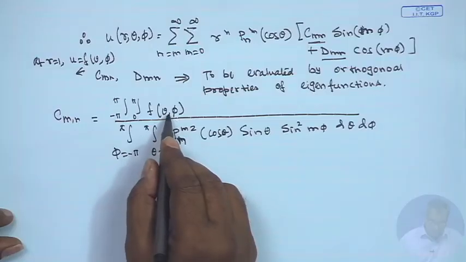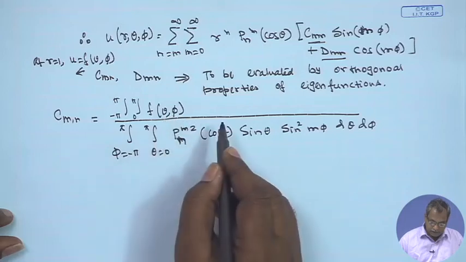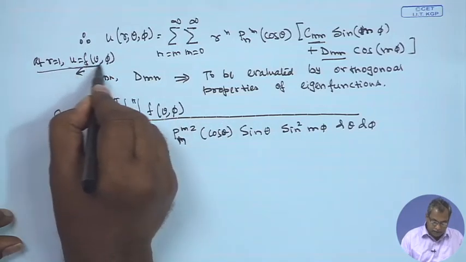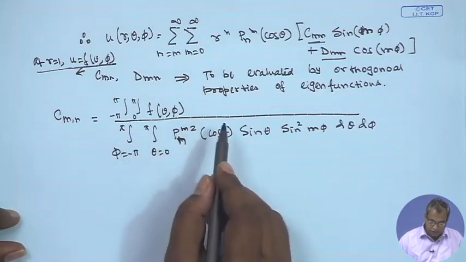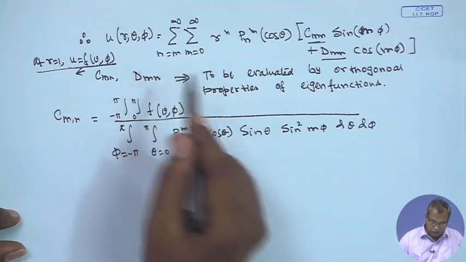In general it will be a function of theta and phi, or it may be a function of theta alone, or of phi alone, or it may be a constant. So let us put it as a general function of theta and phi as the boundary condition at r is equal to 1.